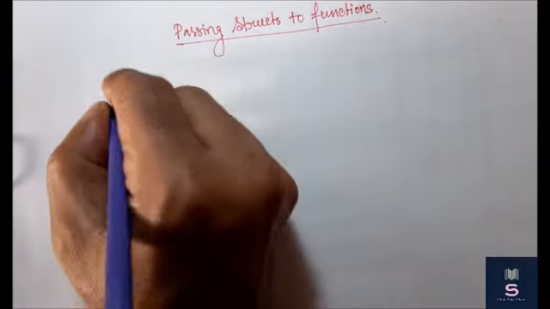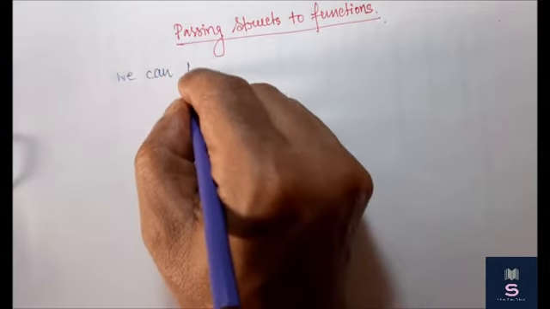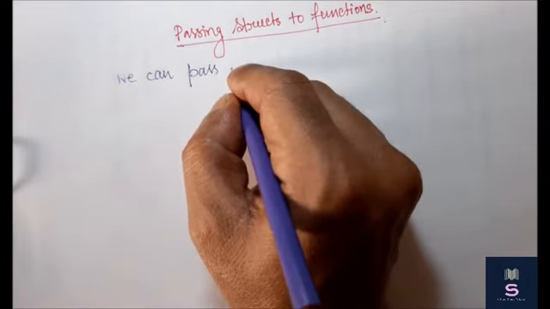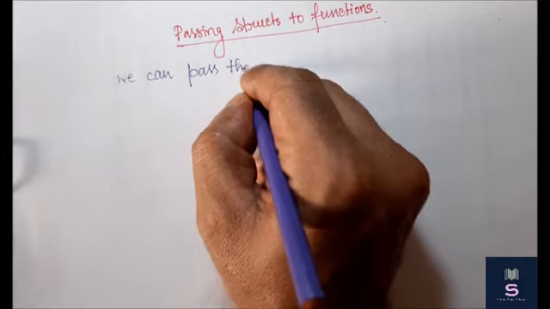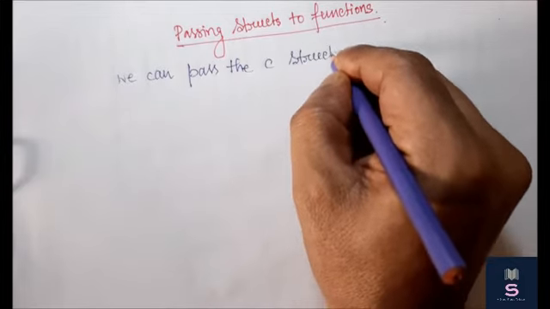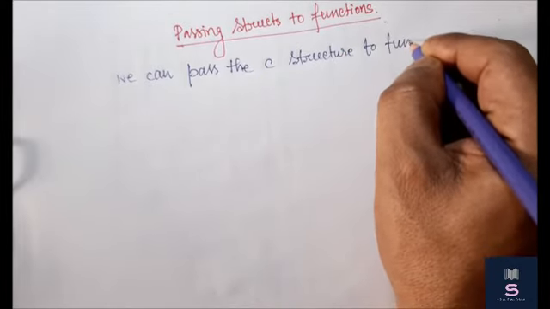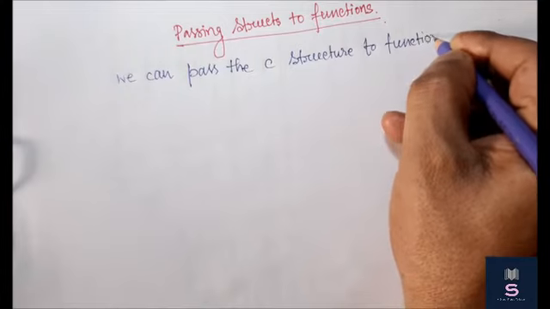So we can pass the C structure to a function in three ways.